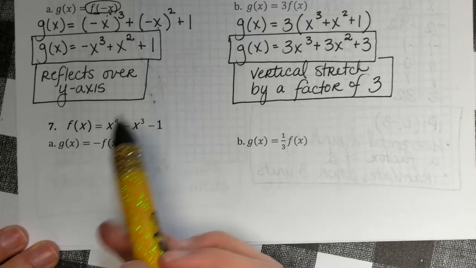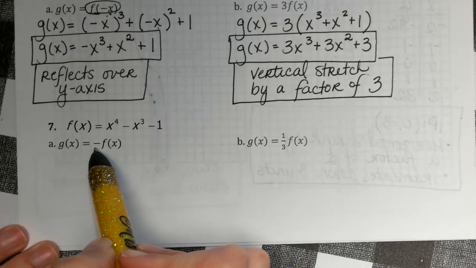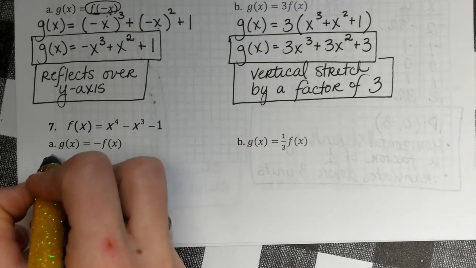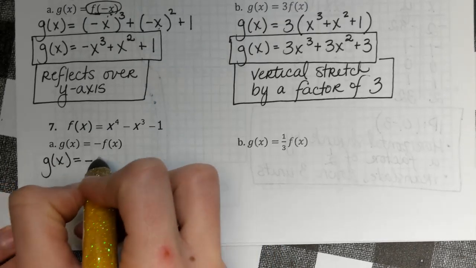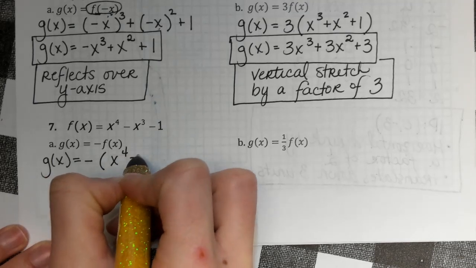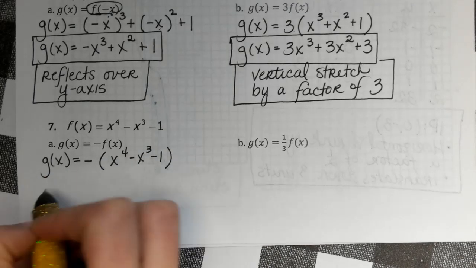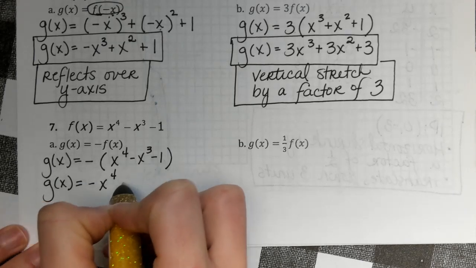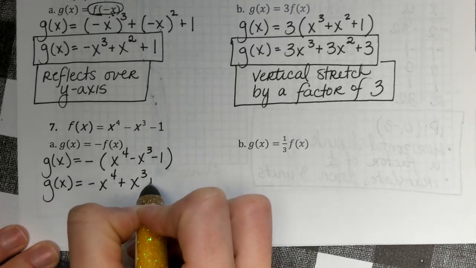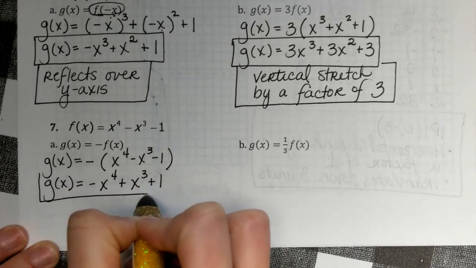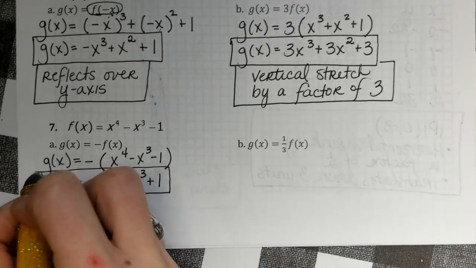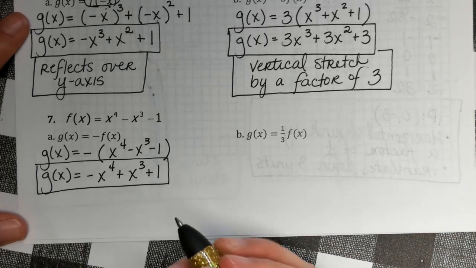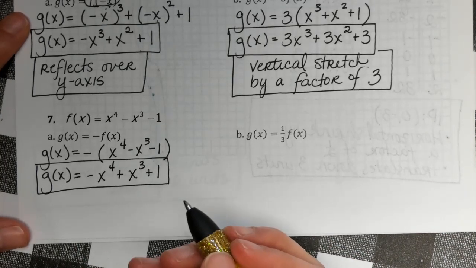Okay. So now I have a new function and I'm doing negative f of x. So I take a negative on the outside and distribute it. So essentially all my signs are changing. Negative x to the 4th plus x cubed plus 1. What was that transformation?